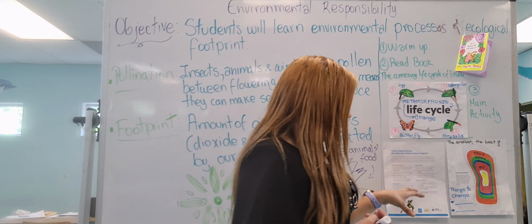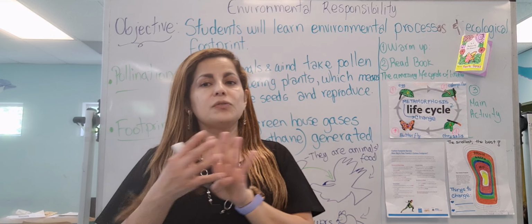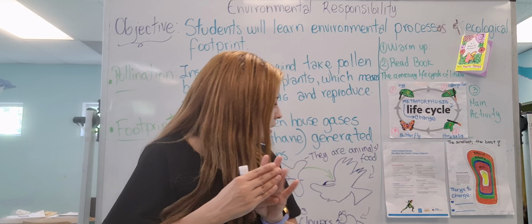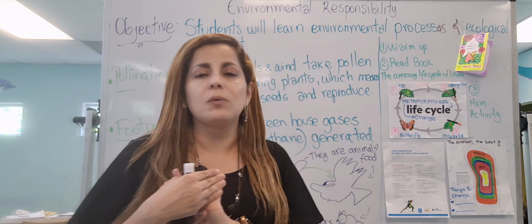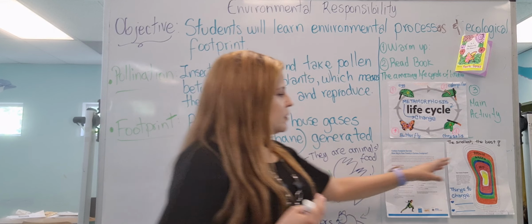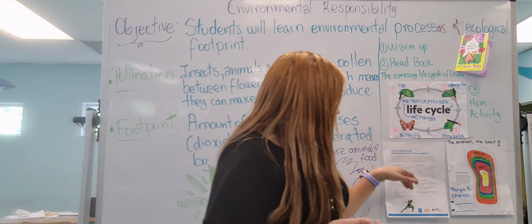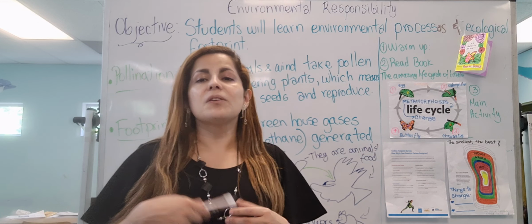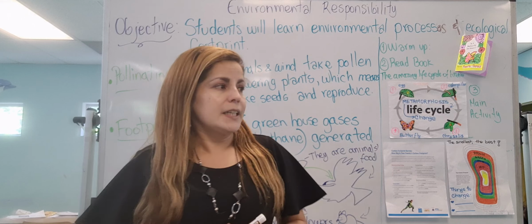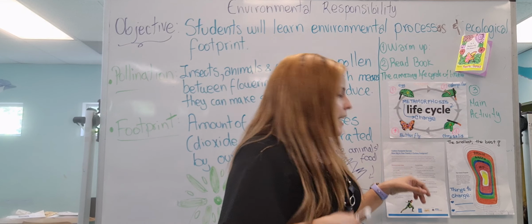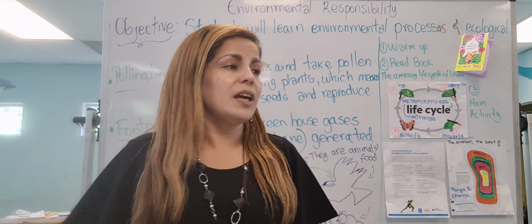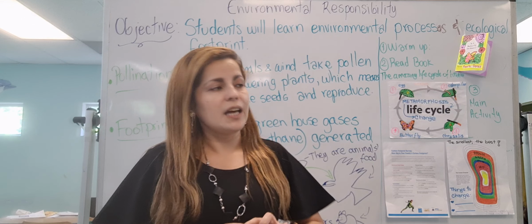They will need four different colors: red, green, blue, and brown. You give them the worksheet about the carbon footprint, and then you start describing each action and asking them if they and their family do this action, and then they have to color.